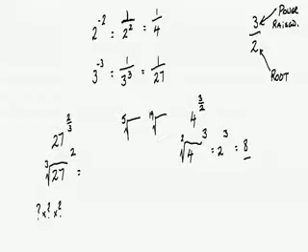So 3 times 3 is 9, and 3 9s are 27. So the cubed root of 27 is 3, okay, because it would have to be 3 times 3 times 3. So now we know the cubed root of 27. Remember, we've got to square it. And 3 squared is just 3 times 3, which is 9. So 27 to the power of 2/3 is 9.